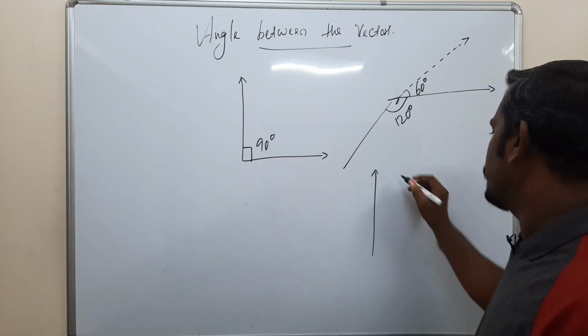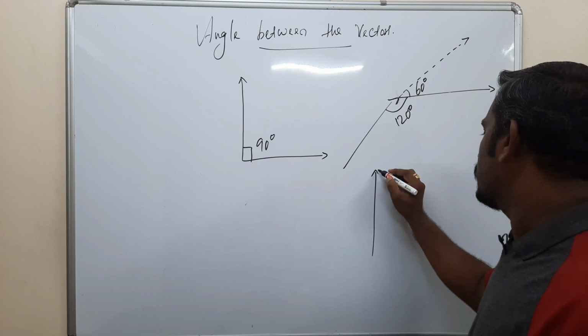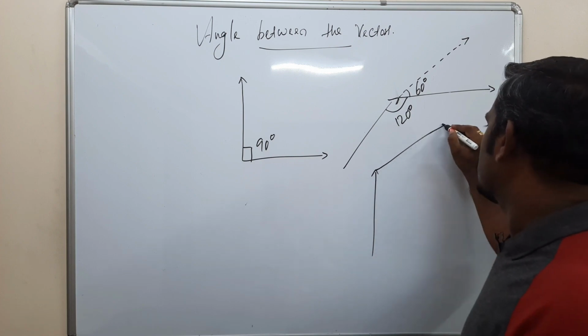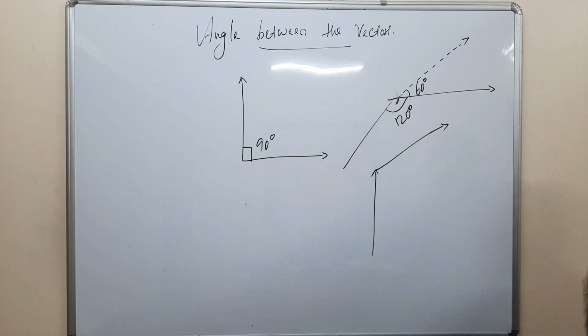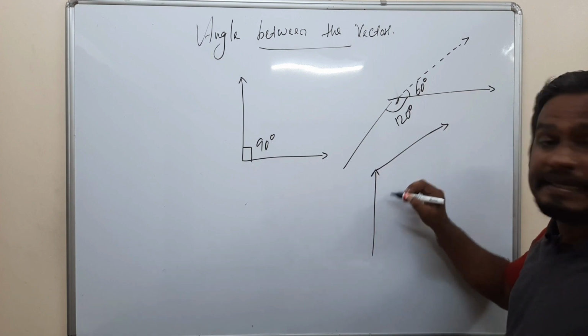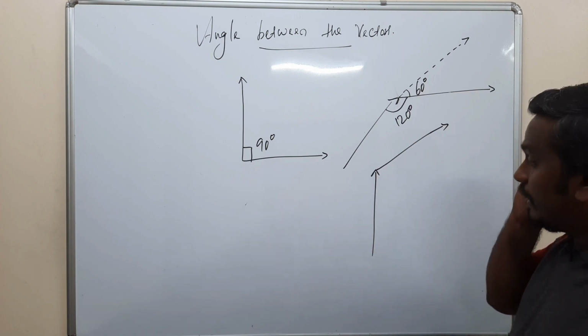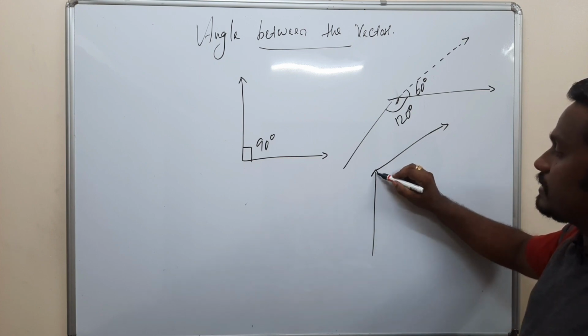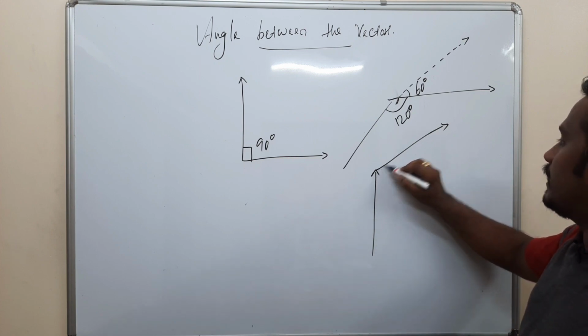So, this vector and what is the angle between these two vectors? So, the angle between the vectors means the angle between the two tails or two heads. So, here this is the head of the first vector, tail of the second vector.